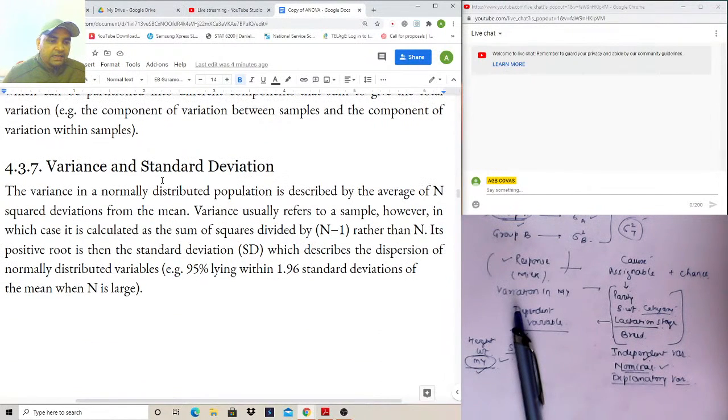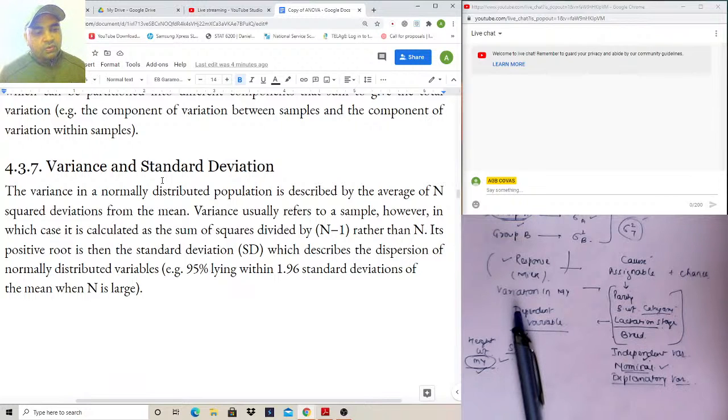Now variance and standard deviation. Variance in a normally distributed population is described by the average of n squared deviations from the mean, right? You have already studied. And variance usually refers to a sample, however, in which case it is calculated as the sum of squares divided by n minus 1 rather than n. If you are going to calculate the variance of a sample, then you have to divide the squared deviations from the mean by n minus 1 instead of n.